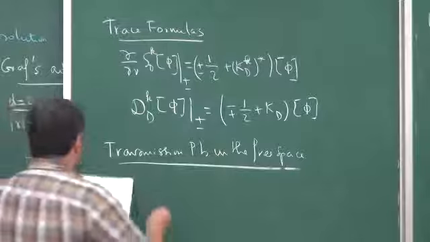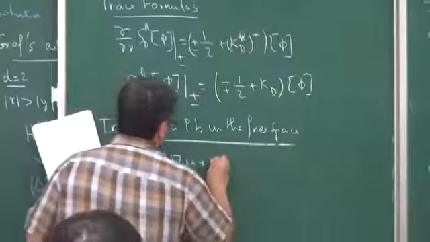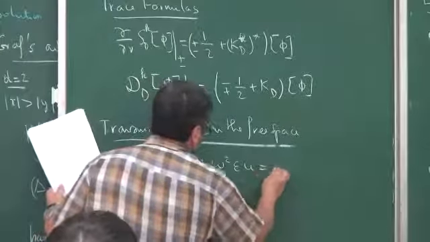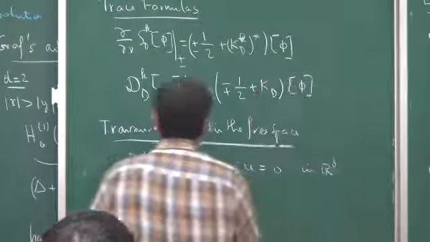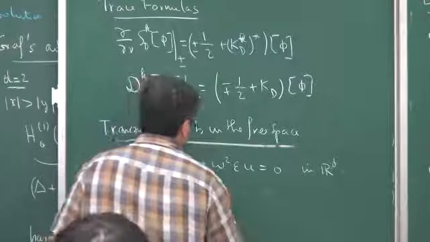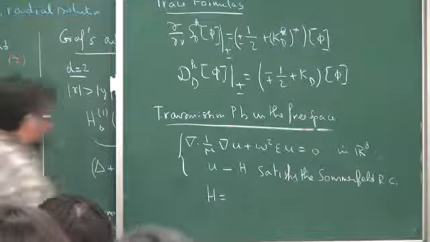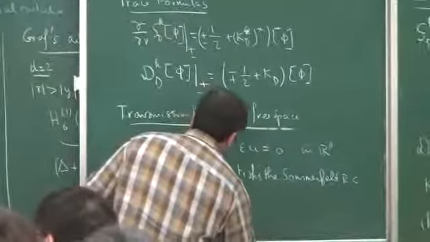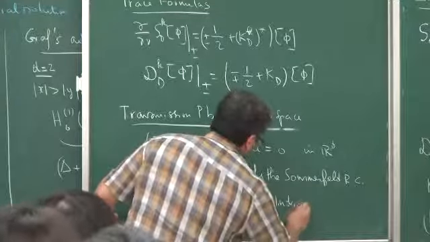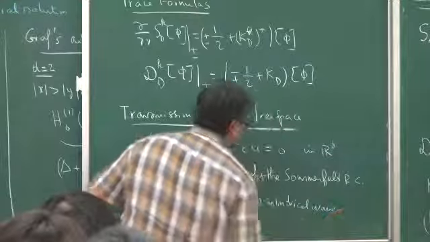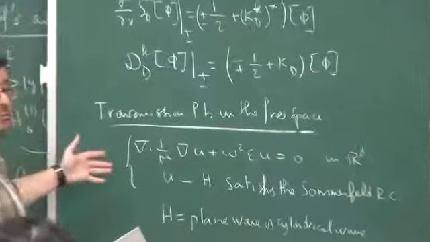We consider divergence of 1 over mu gradient u plus omega square epsilon u equals 0 in R^d, and u minus h goes to 0 at infinity, where h is a plane wave, or a cylindrical wave in dimension 2, and a spherical wave in dimension 3. We want to write a representation formula for u.